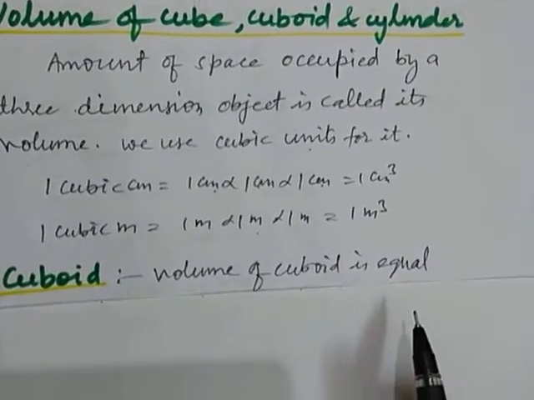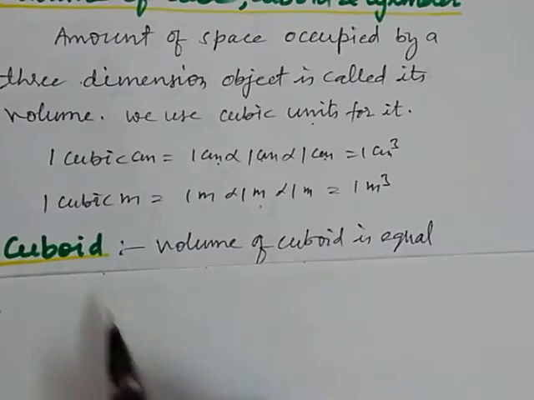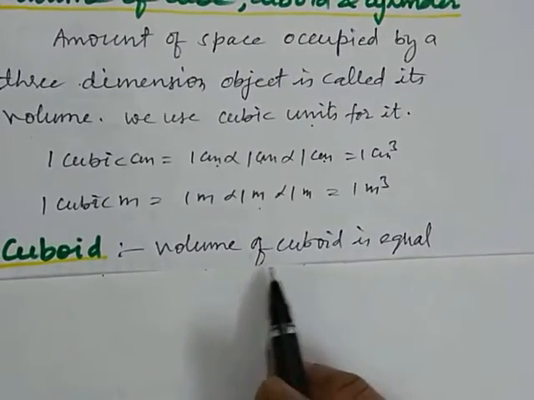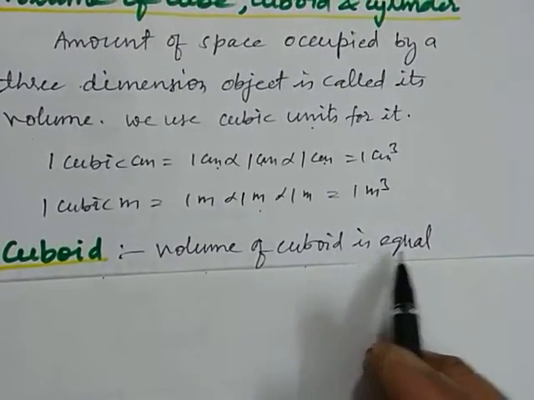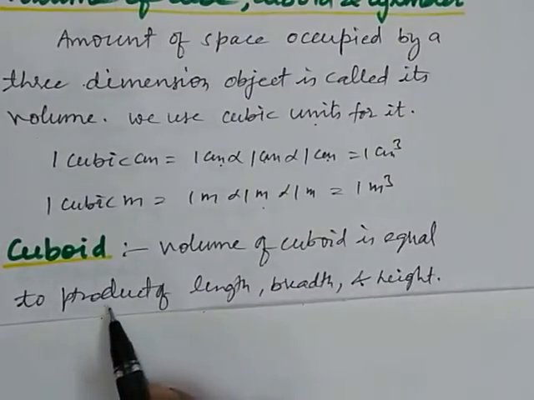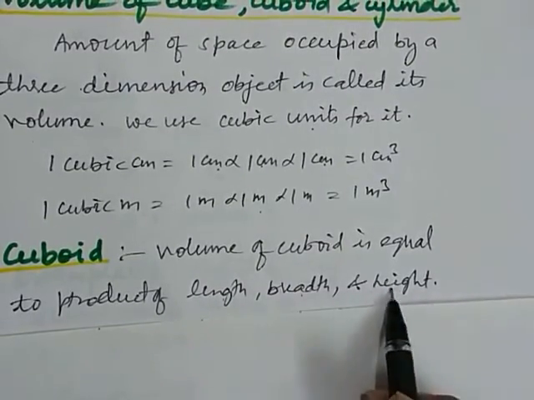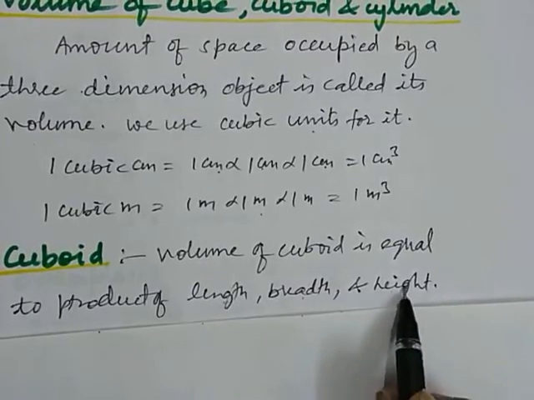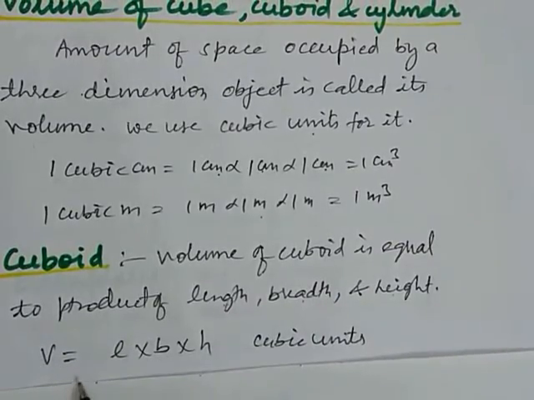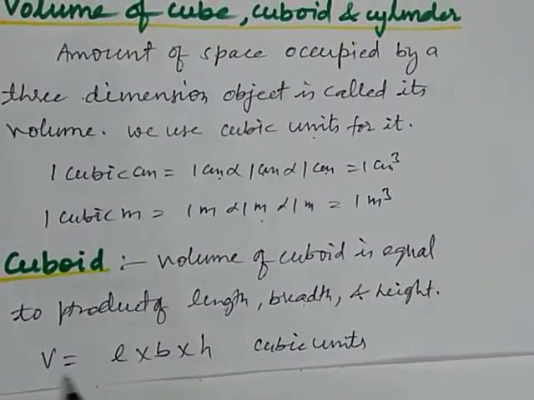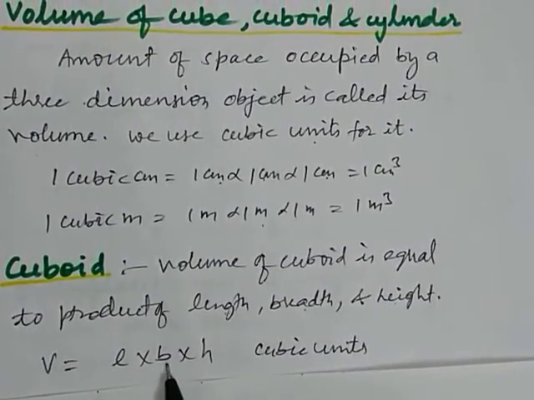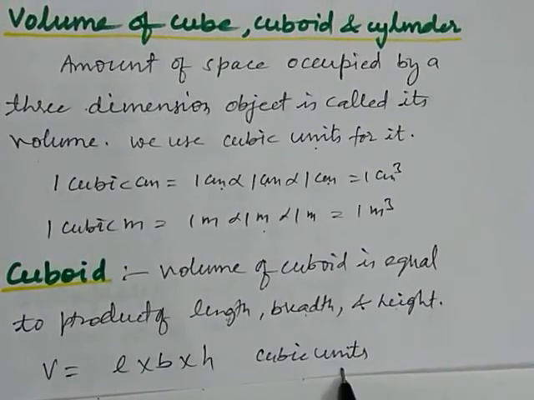Now we learn cuboid. Volume of cuboid is equal to the product of length, breadth and height. These are the 3 dimensions. So volume equals L into B into H, cubic units.